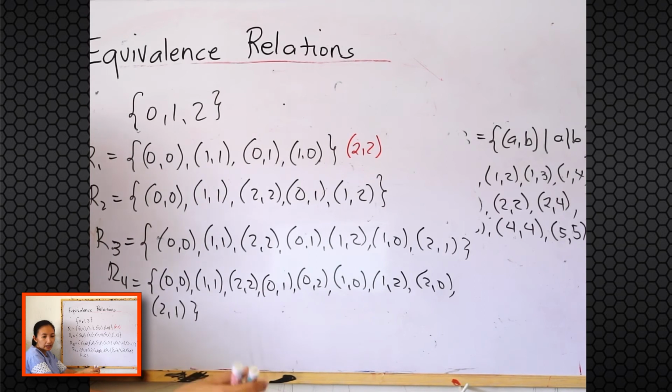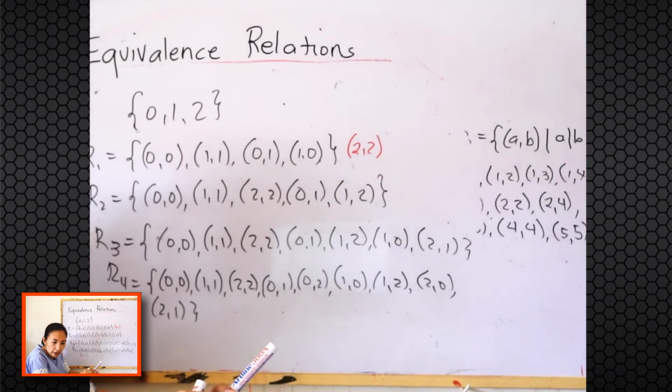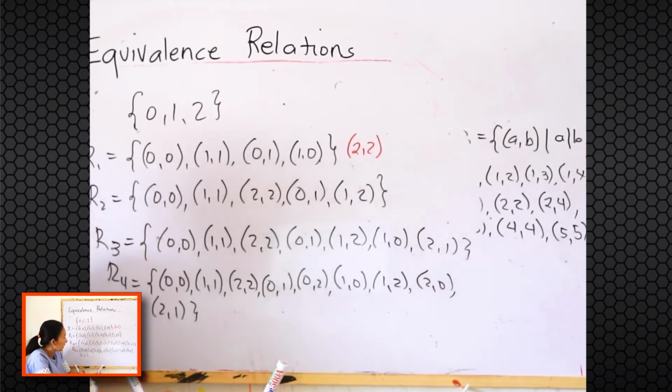What about the second relation? (0,0), (1,1), (2,2). Did it satisfy the first property of reflexivity? Yes. Now, proceed to the next property, symmetry. Did it satisfy symmetry?